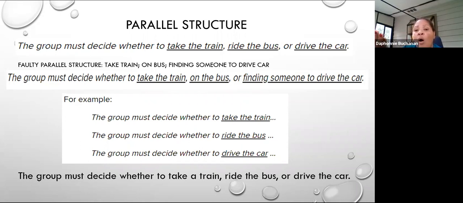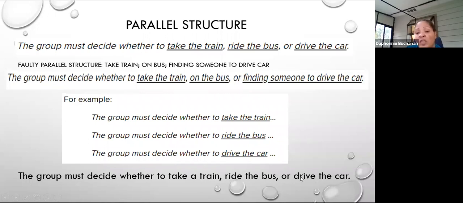So the question then begins, are they going to find someone to drive the car, or is someone going to drive the car? Because again, it's the parallel structure. It's about how you're going to think about it. So the sentence at the bottom says the group must decide whether to take a train, ride the bus, or drive the car.